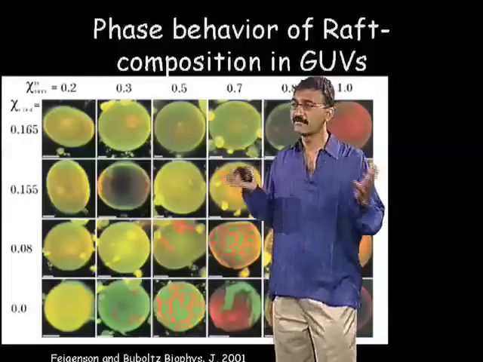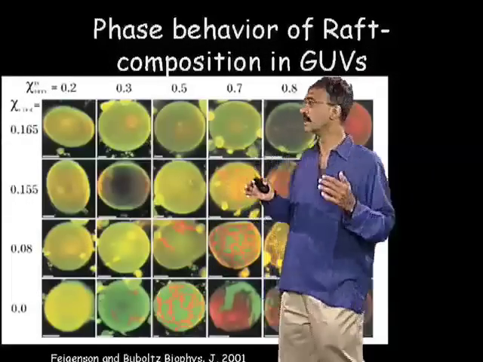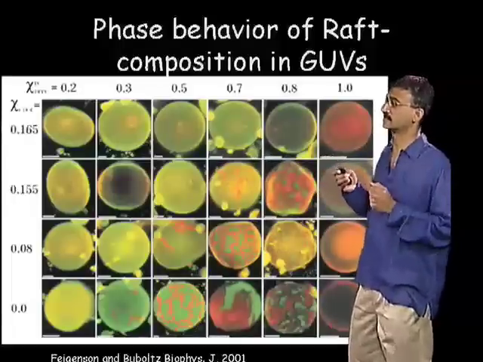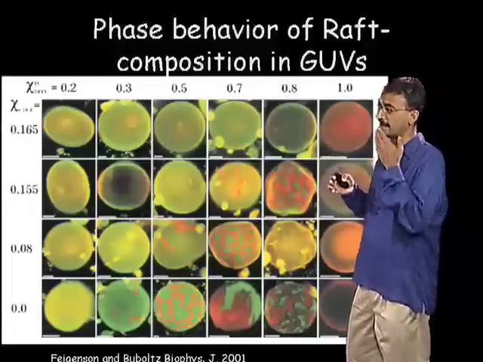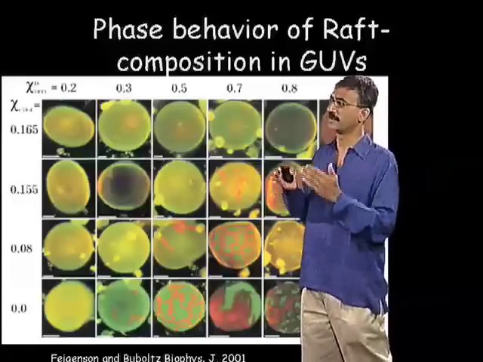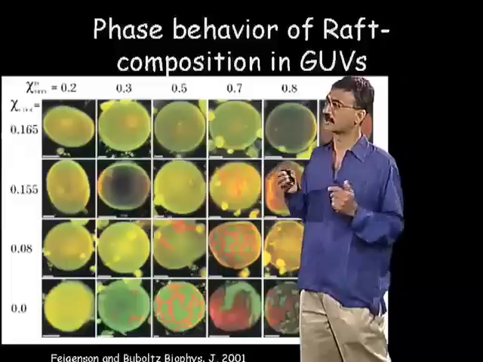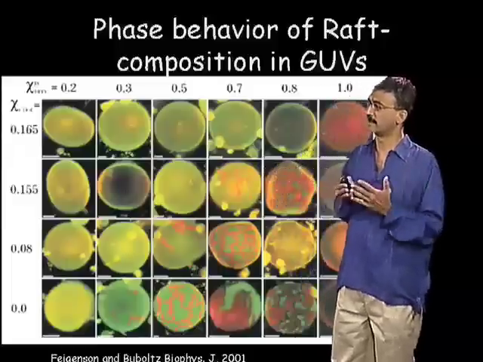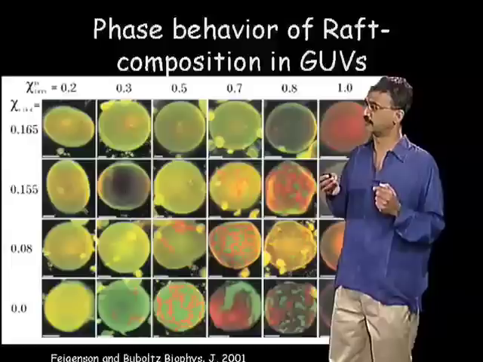The phase behavior of raft composition in giant unilamellar vesicles was another great push to understand cholesterol, sphingolipid, and phosphatidylcholine composition variations in these GUVs.